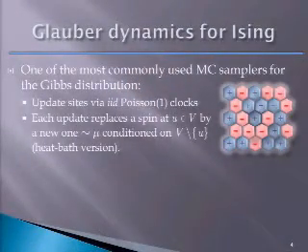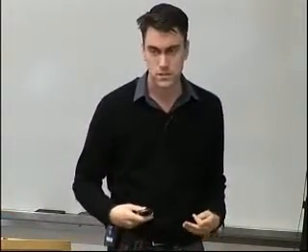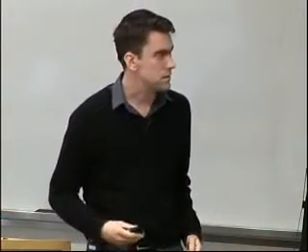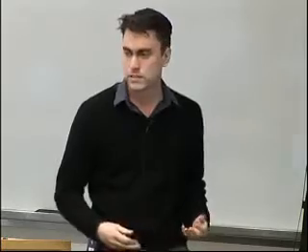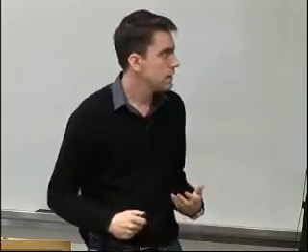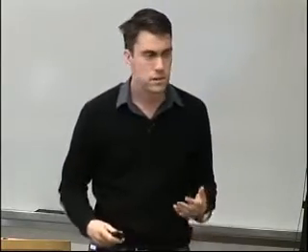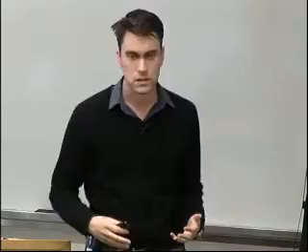This talk will be about the Glauber dynamics, which you can think of as a dynamical version for the Ising model. It's a Markov chain used for sampling from the distribution, which you can think of as the spins randomly evolving over time.